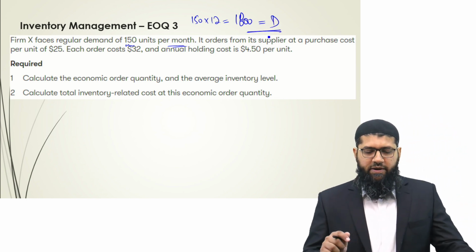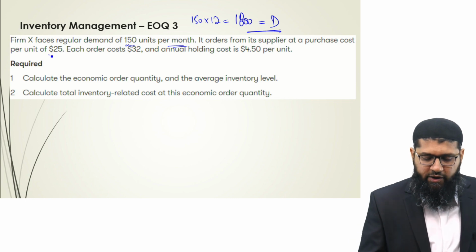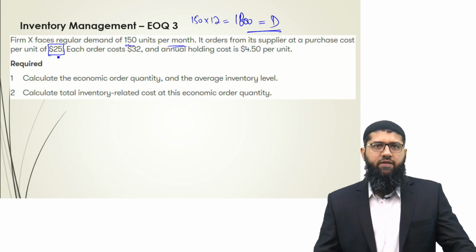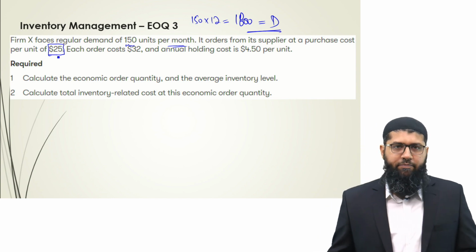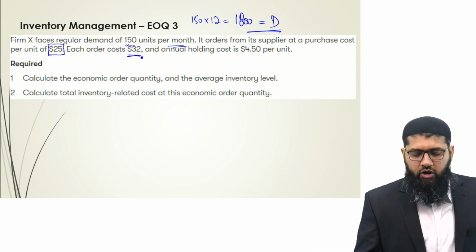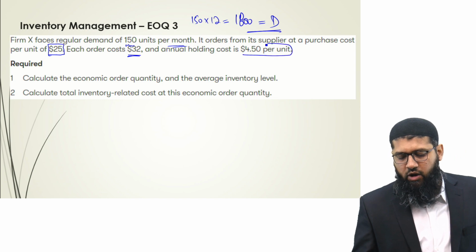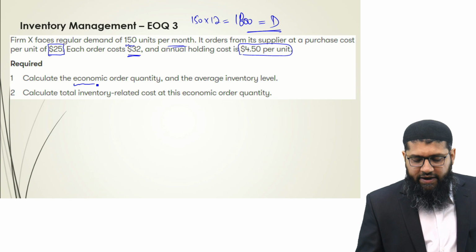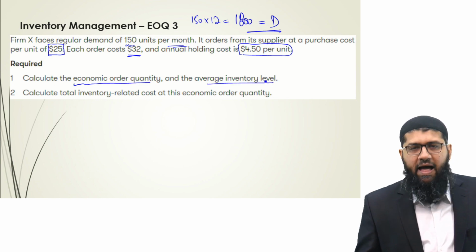It orders from its supplier at a purchase cost per unit of $25. Each order costs $32 and the annual holding cost is $4.5 per unit. The requirement is to calculate the economic order quantity and the average inventory level.